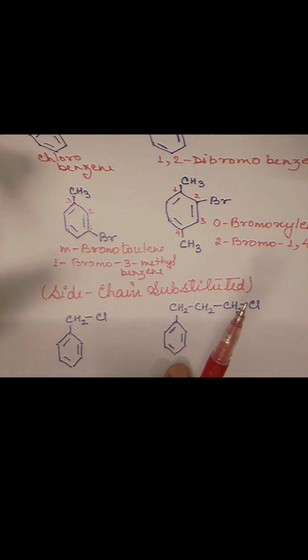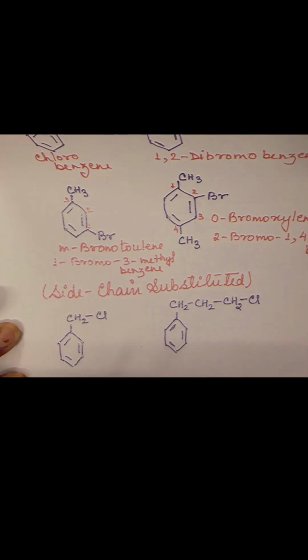Now moving further, if your structure is a side chain substituted one, that means the halogen is not attached to the ring directly but to the side chain. How would we name it?